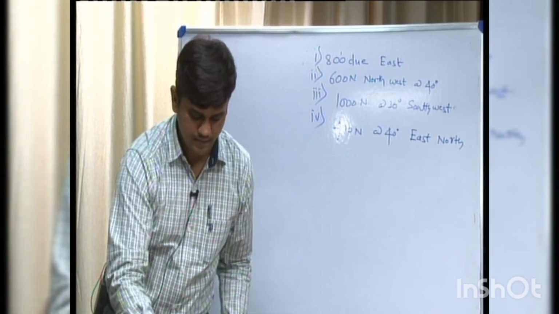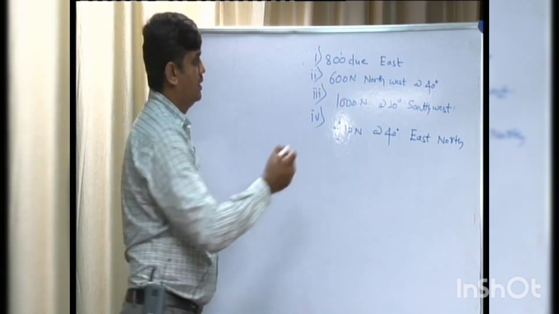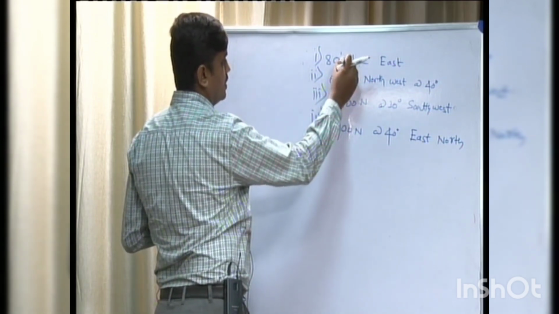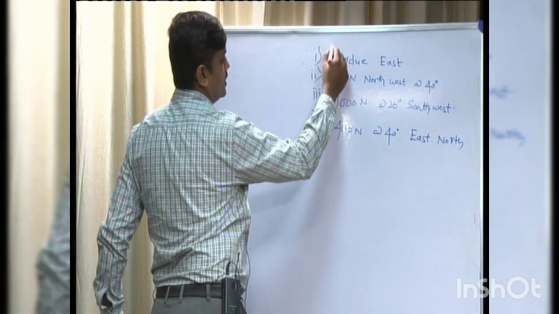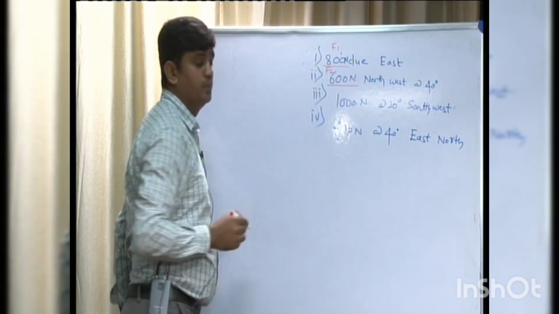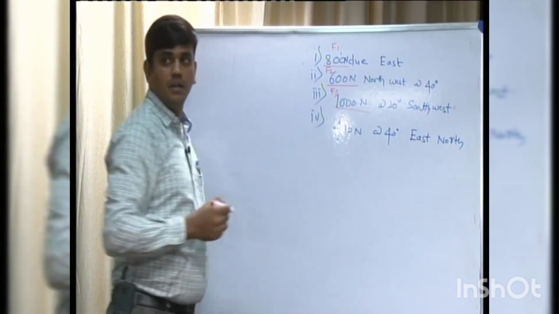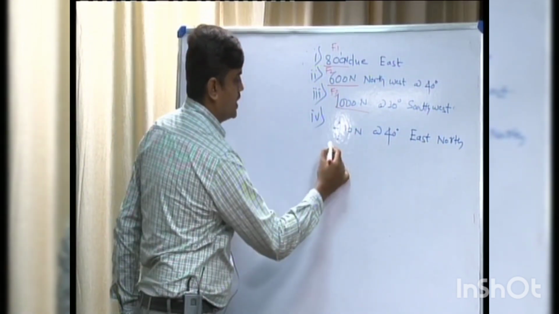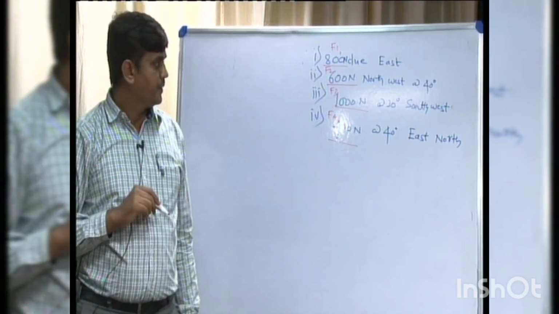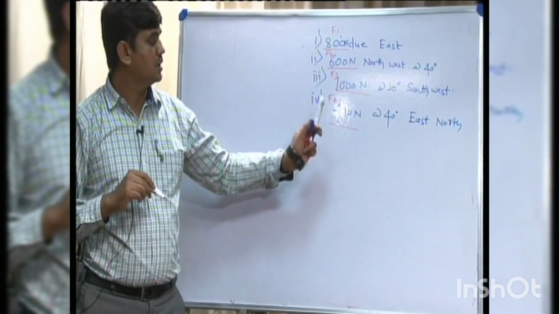Let's analyze this problem. Four forces are given: 800 Newton due east, first force F1, second force 600 Newton F2, 1000 Newton F3, and the fourth force is F4, with the values 800, 600, 1000, 400 Newton.